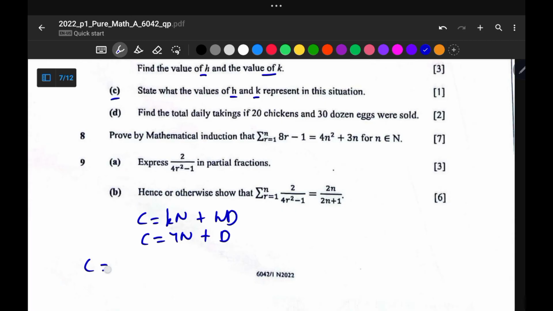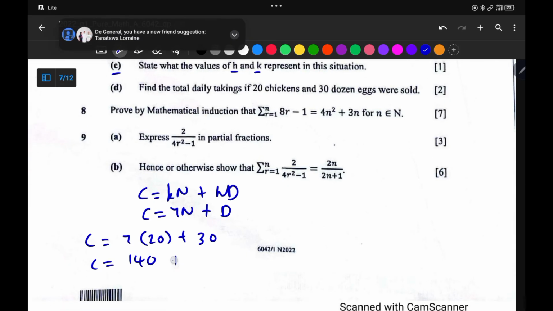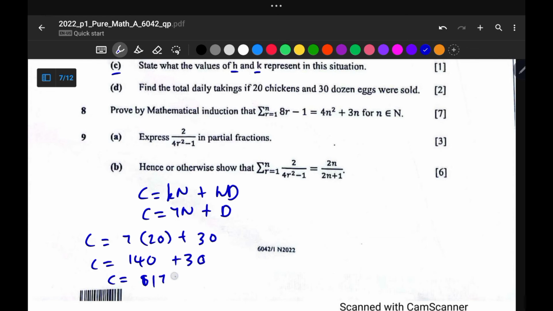So c is equal to 7 multiplied by n, the number of chickens sold, so it is 20, plus d, the total dozens of eggs sold, so it is 30. So c is equal to 7 multiplied by 20, which gives us 140 plus 30. So c is equal to $170.